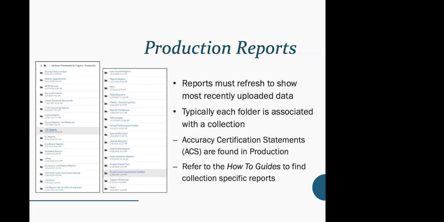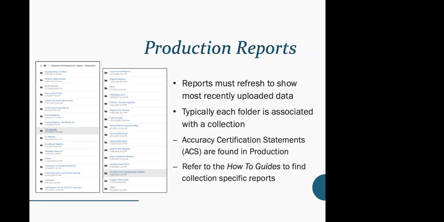And typically you're going to find that report in the folder that you are discussing. So if it is a Safe Schools report that you need to find, you're going to find that in the Safe Schools folder. They're pretty accurately named, and that makes it pretty easy to find them. The ACSs would also be in production and found in those folders.